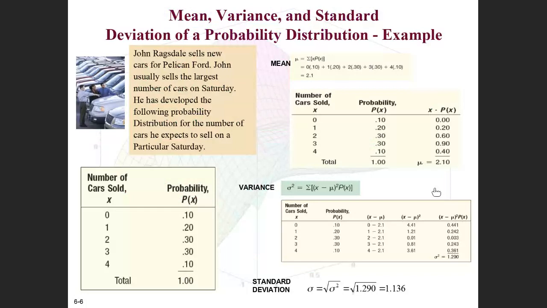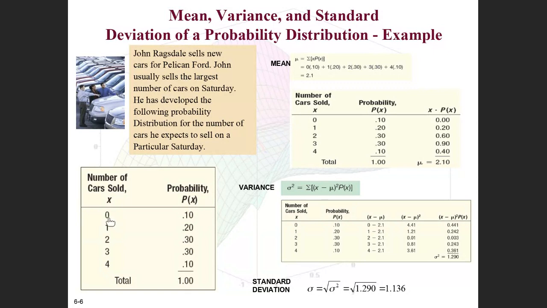Okay, so here's an example. John Ragsdale sells new cars for Pelican Ford. John usually sells the largest number of cars on Saturday. He has developed the following probability distribution for the number of cars he expects to sell on a particular Saturday.